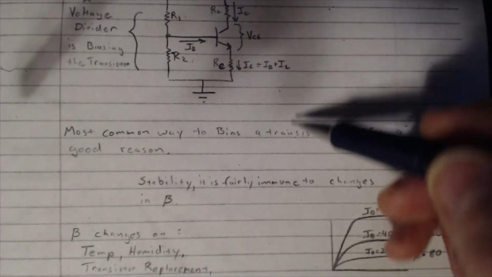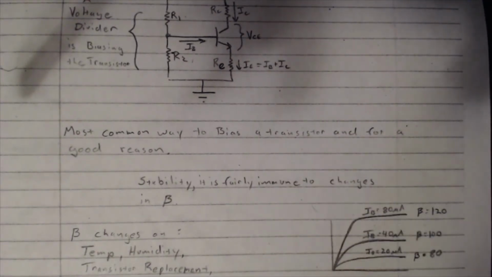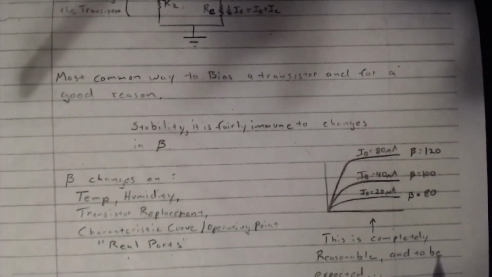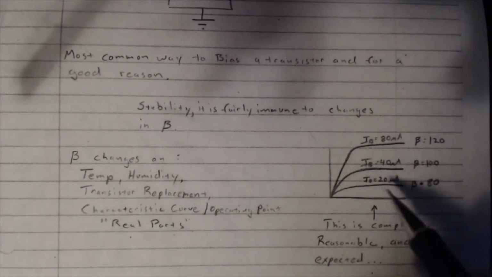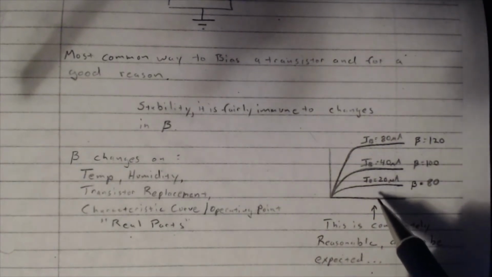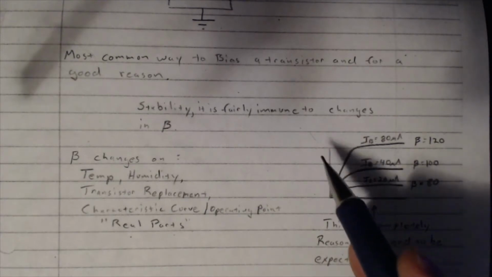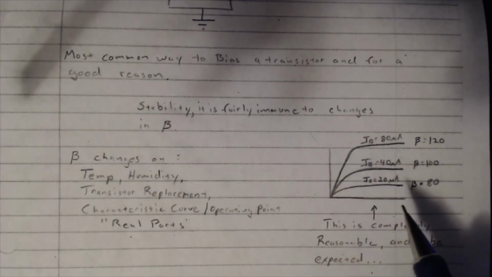Okay. However, in practice, beta is not a fixed value that we can rely on. So if you look over here, if we just draw a characteristic curve, this would be IC along the y-axis, and VCE across the x-axis here.